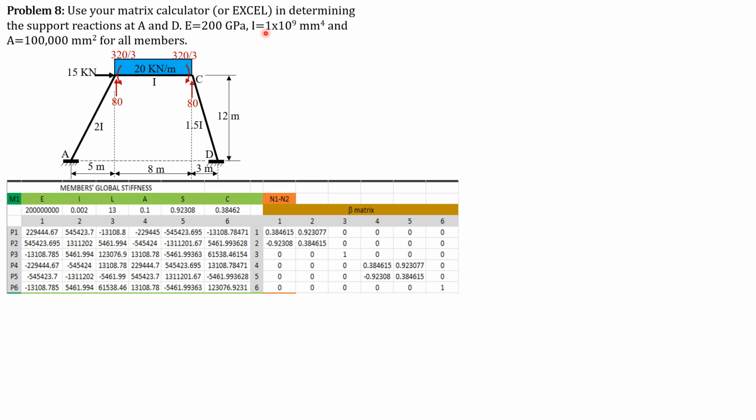Moment of inertia 2 times 1 times 10 to the 9 divided by 1000 to the 4th, so that's 0.002 meter to the 4th. Then the length is square root of 5 squared plus 12 squared, so 13 meters. Area is 100,000 square millimeters divided by 1,000 squared to convert it to square meters, 0.1 square meter.